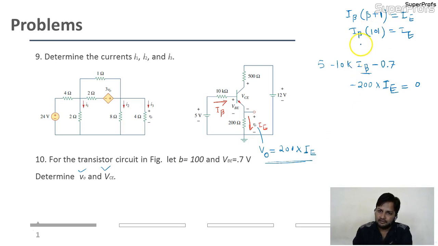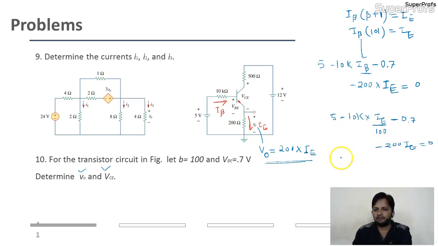So I'll replace IB by IE by 101. So 5 minus 10k into IE divided by 101, I'm taking it as nearly 100 so it will be easy to cancel out, minus 0.7, minus 200 into IE equal to 0. Only one unknown is there, and that is IE. When you simplify this, we can easily find the value of IE.